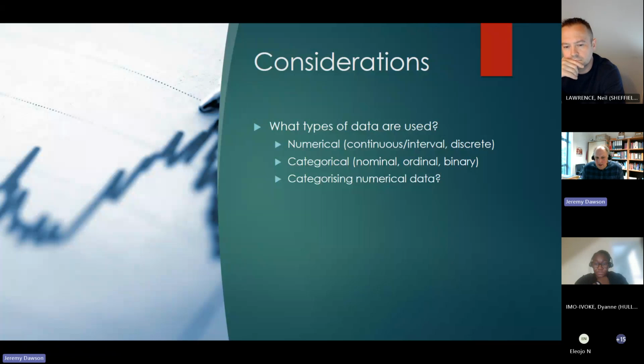But the other thing just to mention here, which is really important when it comes to evaluating studies, and evaluating other people's work, or indeed deciding what to do with your own data, is whether you should turn numerical data into categories. And my main reaction to this is, for the most part, the answer should be no, don't do that.